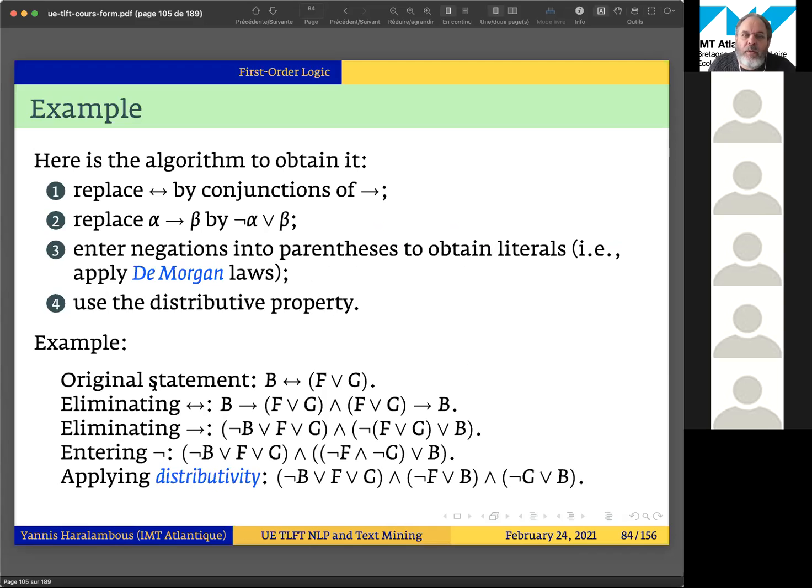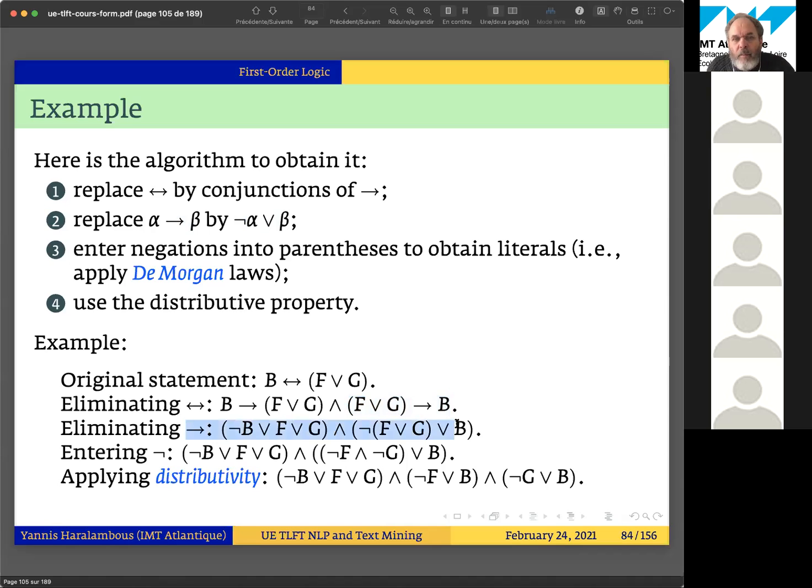It has 4 steps. First step, take all the double implications. You see, I've recompiled the document, so now you see this symbol. So all double implications are replaced by conjunctions of simple implications. Here, this double implication becomes a right implication and a left implication, since I'm inverting here the order of my arguments. Then I replace implications by negation and disjunction.